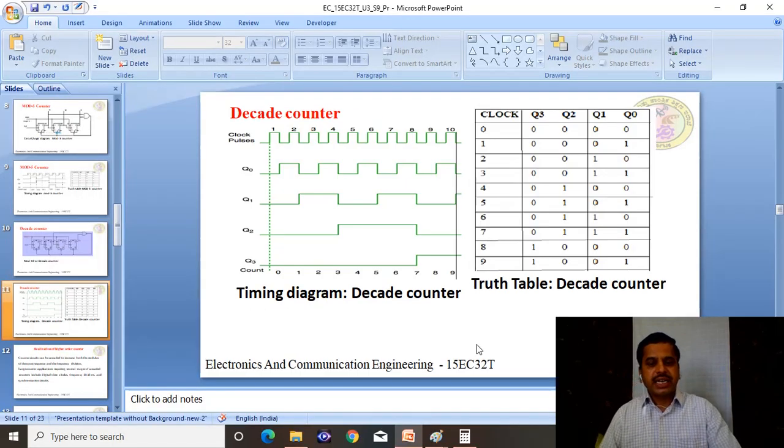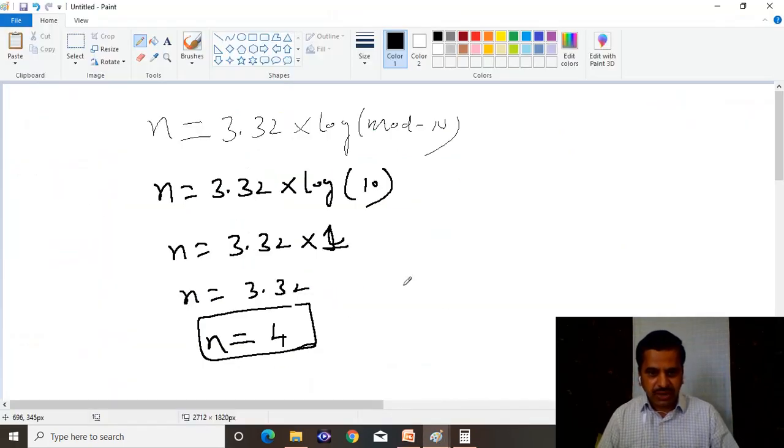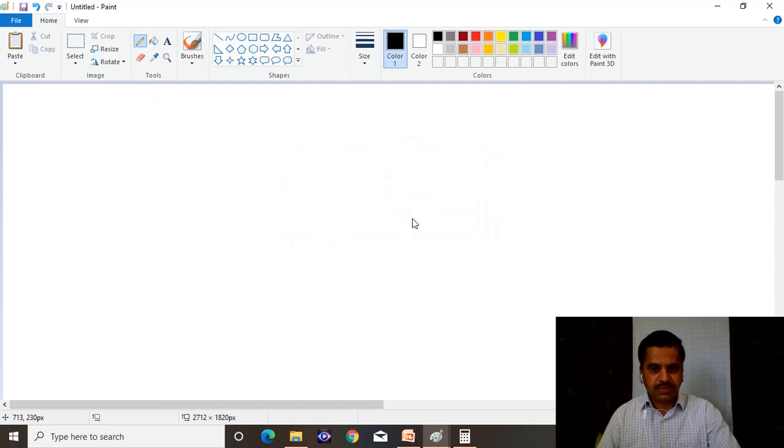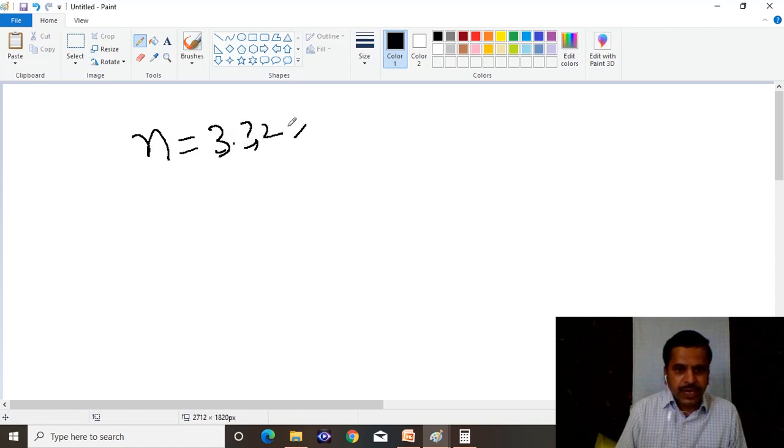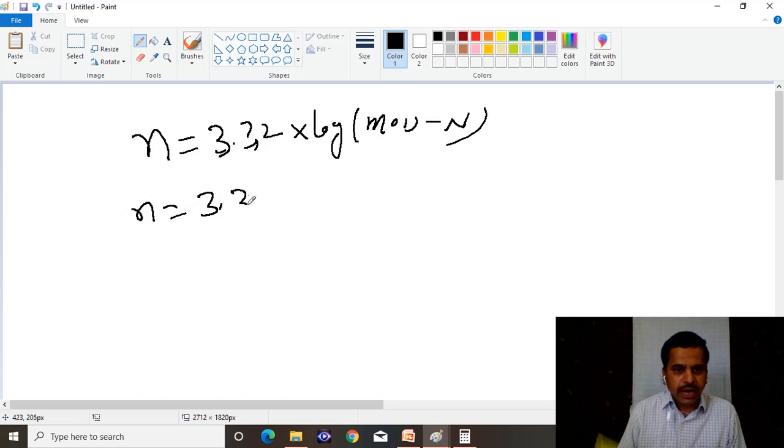Now we have to calculate how many bits, or how many flip-flops, are required to achieve the desired count for the mod 10 counter. We have calculated this for the mod 5 counter. We have the formula n is equal to 3.32 times log of mod n.